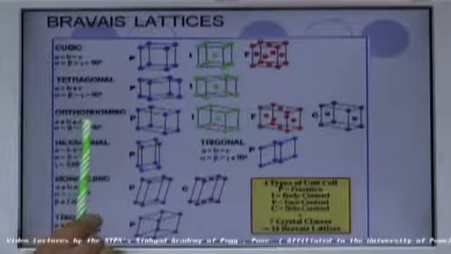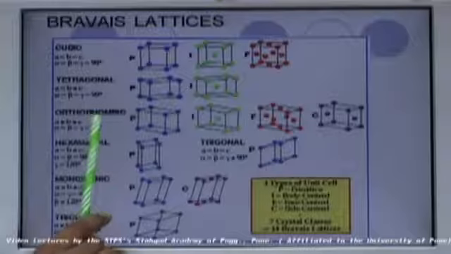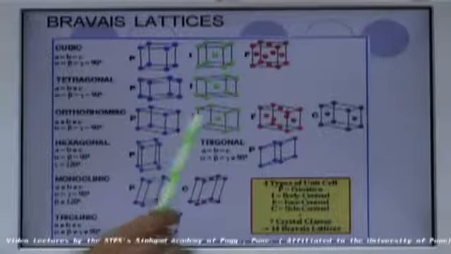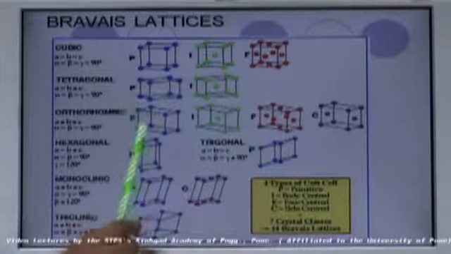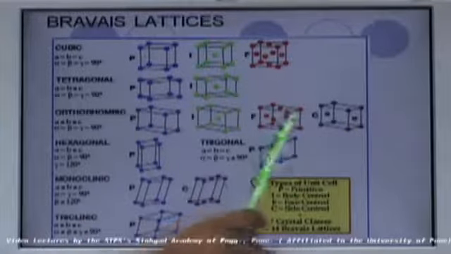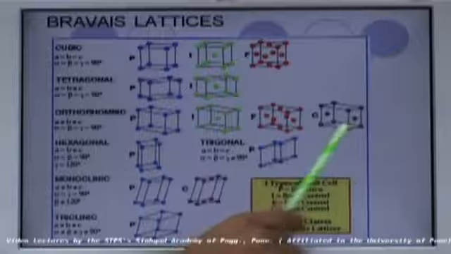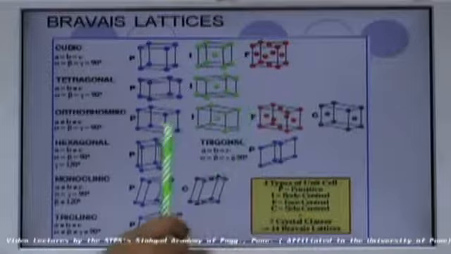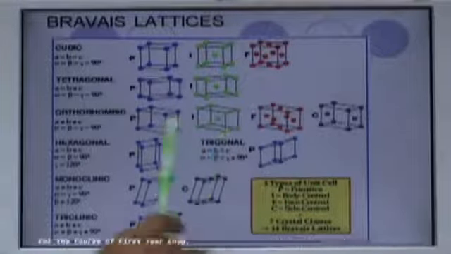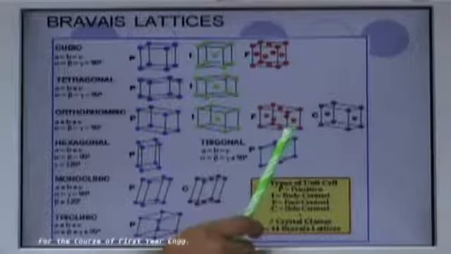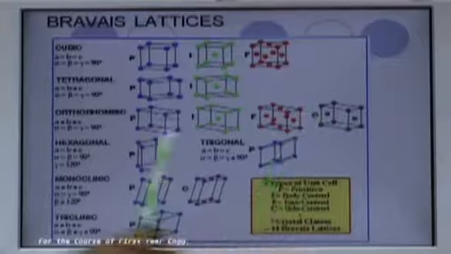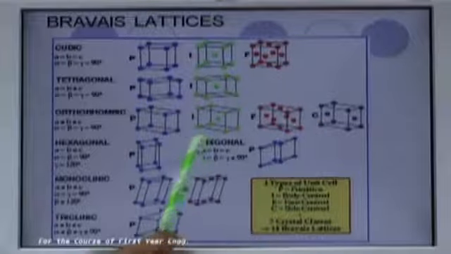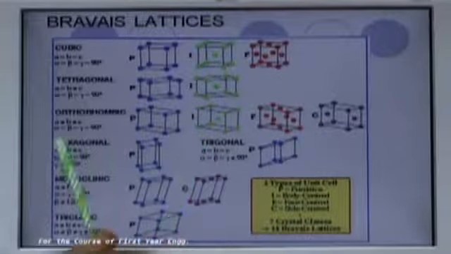Then orthorhombic. For orthorhombic crystal system, there are 4 types of unit cells. So primitive, then body centered, face centered and side centered. So here we can observe where are the lattice points. Blue, green, red and orange circles are telling us the positions of lattice points.